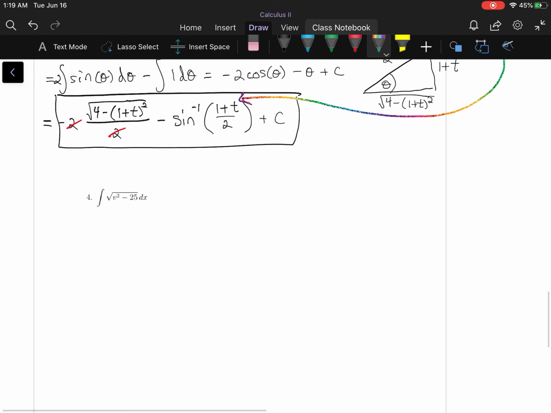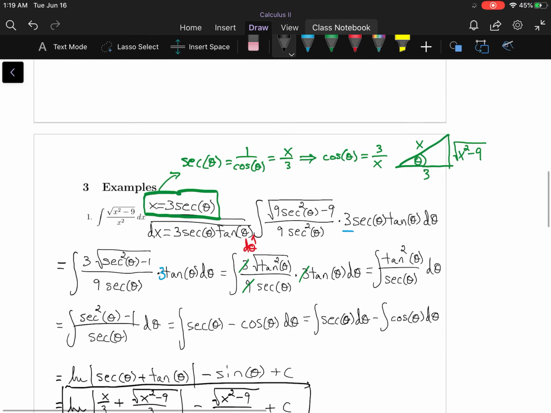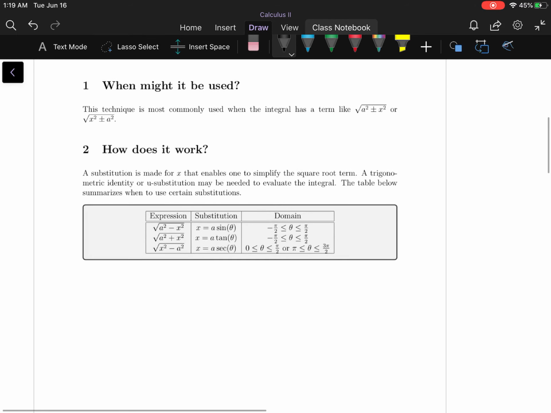There's one last problem. It's the integral of the square root of v squared minus 25 dx. Again, if we look back at our substitution forms, that was v squared minus 25, and so that has an x equals a secant theta form.